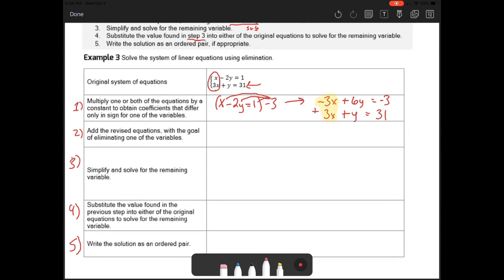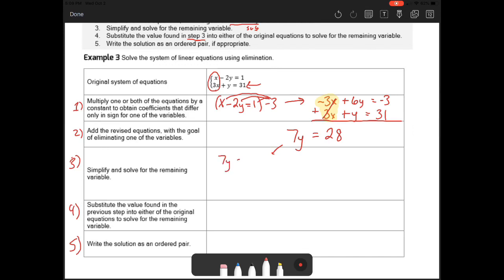My 3x and my negative 3x are opposites. So then I'm going to add the revised equations with the goal of eliminating one variable. If I add these together, I'm going to cancel out my 3x, and I end up with 7y equals 28, because I have my 6y plus y and then my negative 3 plus 31.